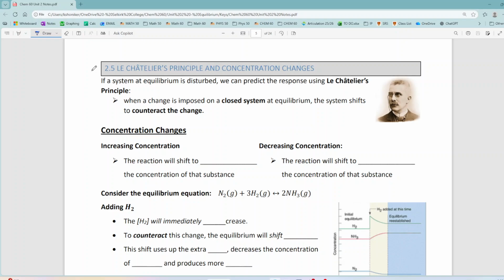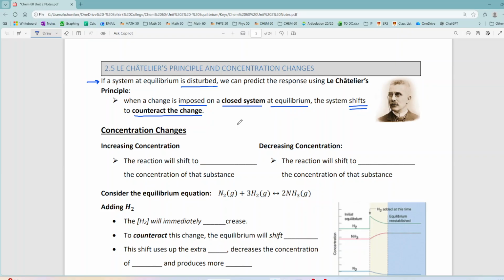If a system is at equilibrium and it is disturbed, we can predict the response of the reaction using Le Châtelier's principle, which is: when a change is imposed on a closed system at equilibrium, the system will shift to counteract the change, aka don't mess with it, right? It's happy where it is.